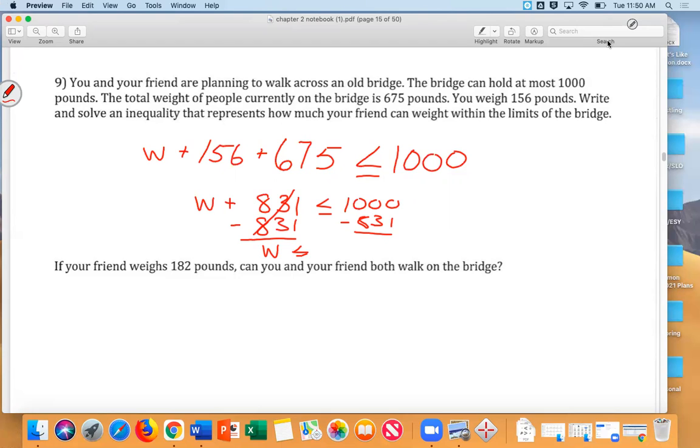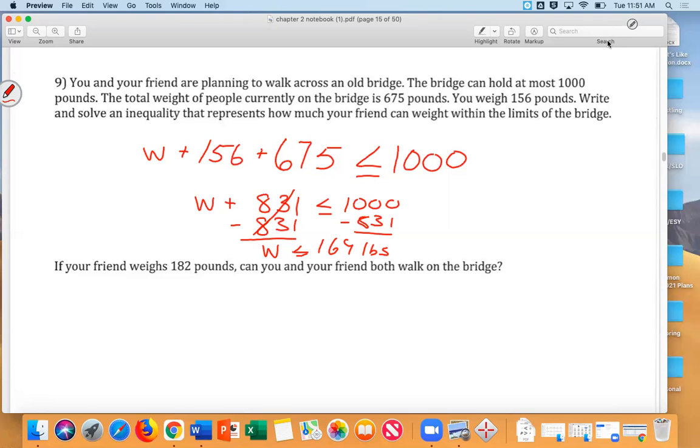Negative 169? Okay, it's actually going to be positive because people can't weigh negative, but I know what you mean. So it's going to be 169 pounds.